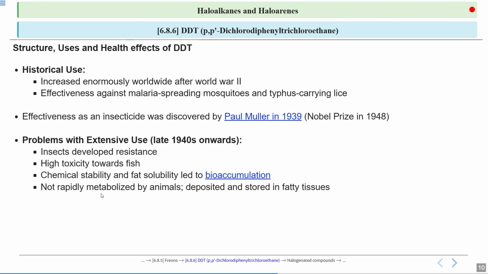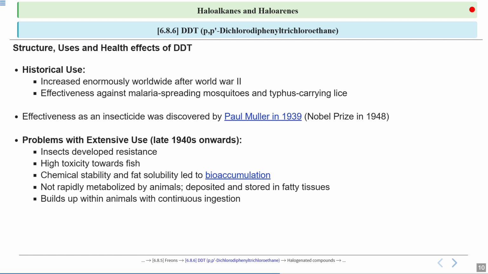We are talking about DDT. So DDT was so chemically stable and fat soluble, it will lead to bioaccumulation, which is why animals can't rapidly metabolize this DDT, and due to which it will be deposited and stored in the fatty tissues of the animals.